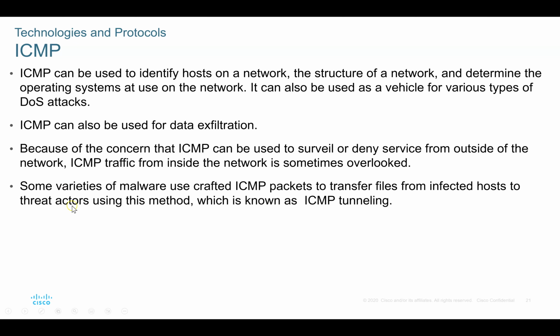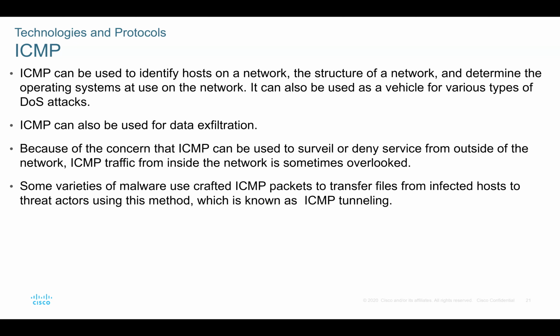Please write that under ICMP: it can be used for exfiltration of data, and it can be used to either surveil or deny services. We can use it from inside the network, and that is sometimes overlooked. Sometimes we ignore it, because a lot of the attacks happen from the inside.